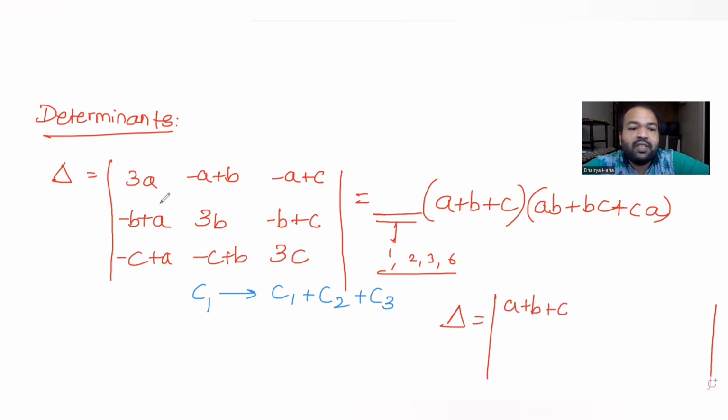Here also, if I change this to the sum of the three, minus b gives minus 2b, plus 3b, so b plus a plus c, that is a plus b plus c again. Here also, a plus b is already present, and 3c minus 2c gives c. So I get the same first column with all the same three elements. The other elements I'll write as they are.